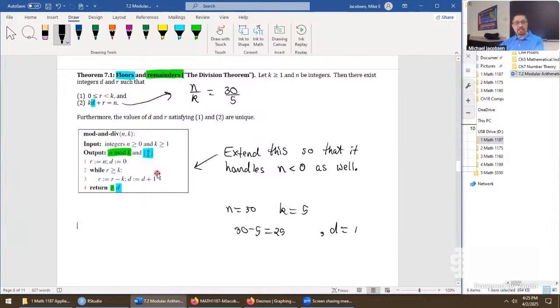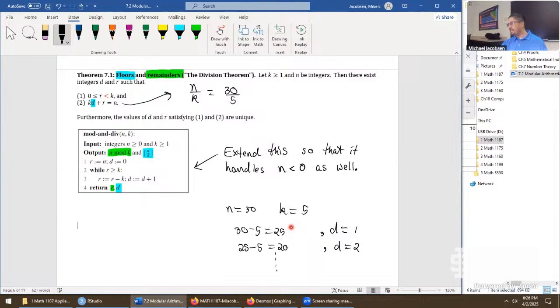That's d incrementing to d plus 1 on this line of pseudocode. Notice we're tracking what happens to d every time we run through this. Now, if r is still greater than or equal to k, this new r value, 25, still bigger than 5, you just subtract 5 again. You'll have 25 minus 5 to get 20. You've subtracted twice, so now d increments to 2.